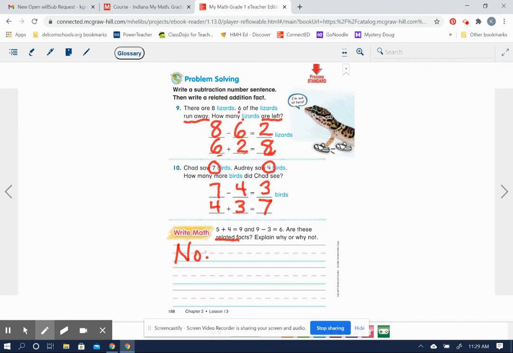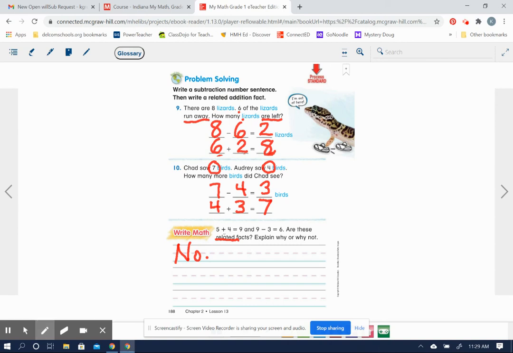And the reason that they're not related, what do you think? Why is this not related to this? Okay, I'm going to erase that because we got to be able to see the numbers. Sorry. You know how hard it is to control these pens on the screen. Sorry. Why do you think that these are not related?